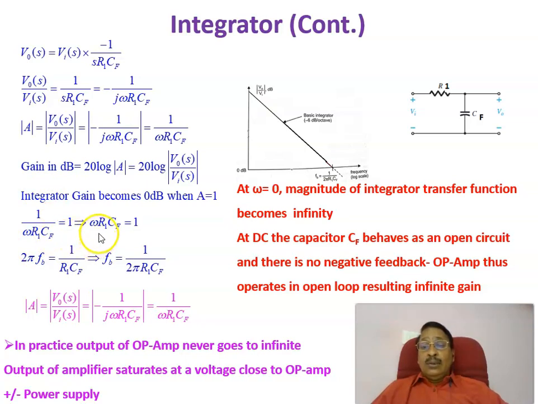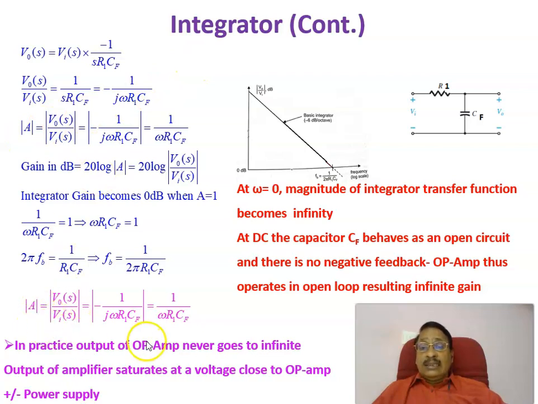If the gain is equal to unity, that is, V0 equal to Vi equal to unity, then omega R1 Cf equals unity. Here, omega equals 2 pi f naught, which is equal to 1 by R1 Cf. Writing it as fb, 2 pi fb equals 1 by R1 Cf, or fb is given by 1 by 2 pi R1 Cf.